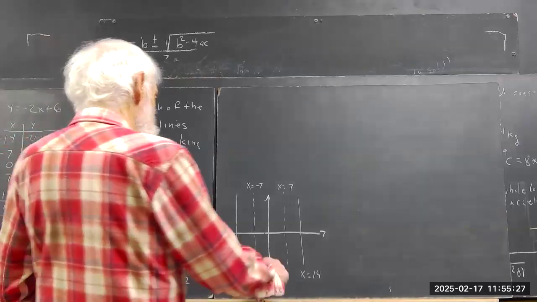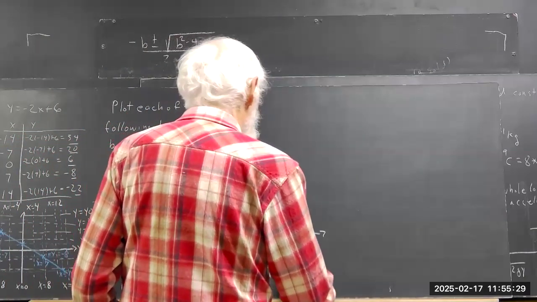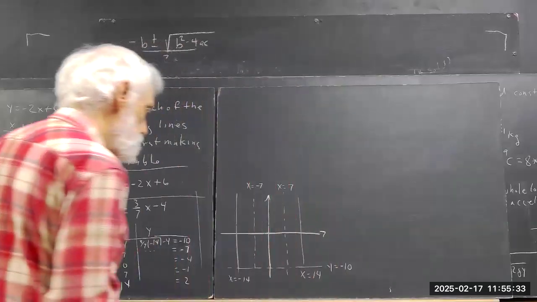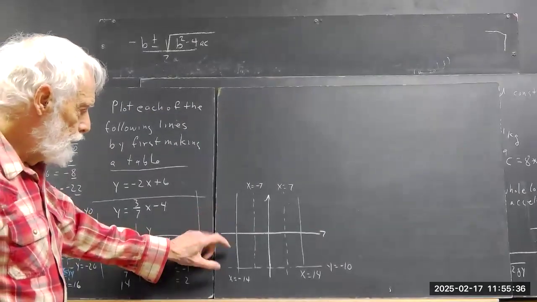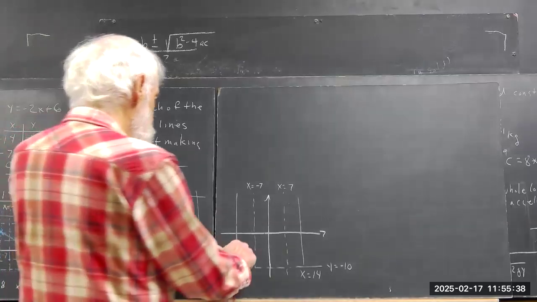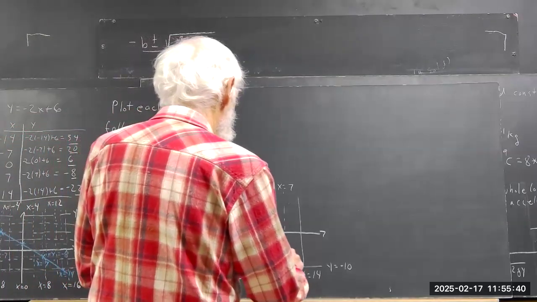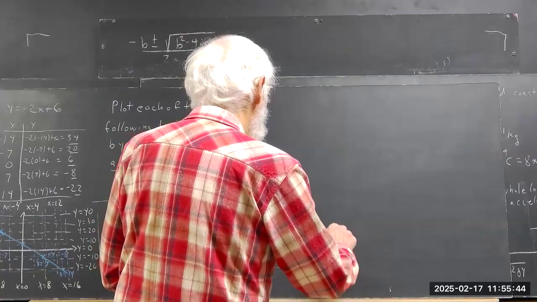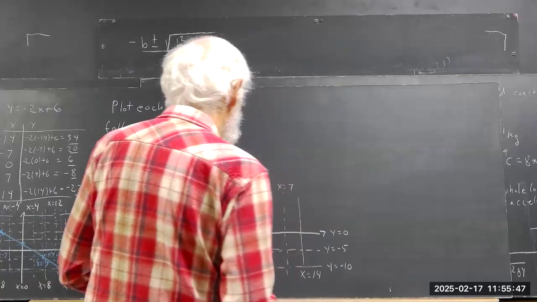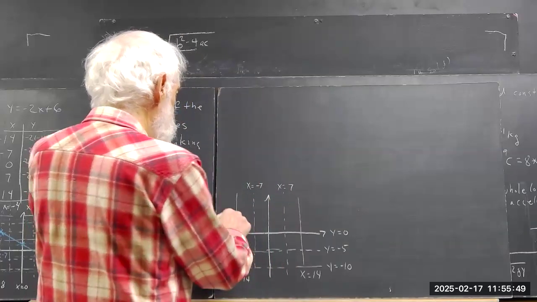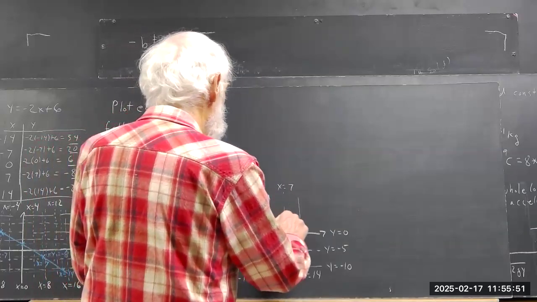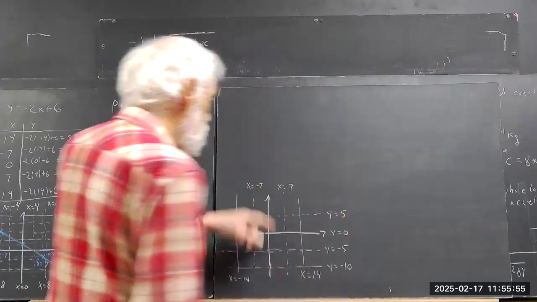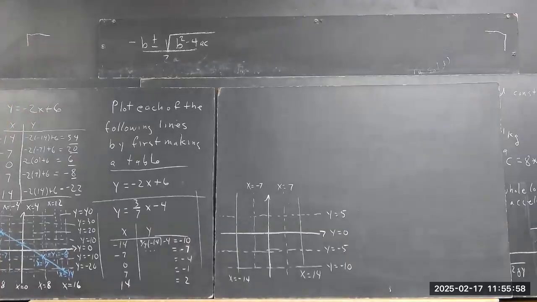So I can go ahead and sketch a line here for y equals -10. And then if I divide that in half, I get y equals -5, halfway back to y equals 0. And then y equals 5 will go above the x-axis as far as y equals -5 goes below. Make sense?